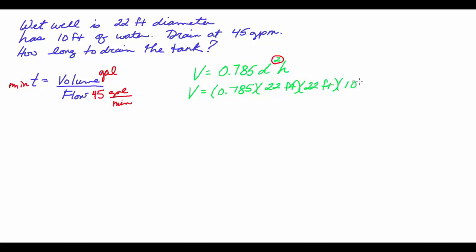Sometimes they'll give you the total depth of the tank and then also give you the water depth, and so you got to be a little careful about which one of those units you grab, because we're really only interested in the water, not the volume of the tank itself. So 0.785 times 22 times 22 again times 10.